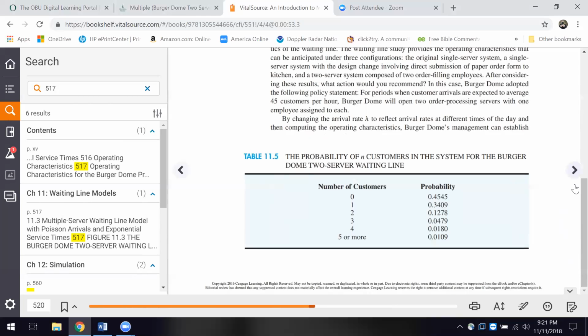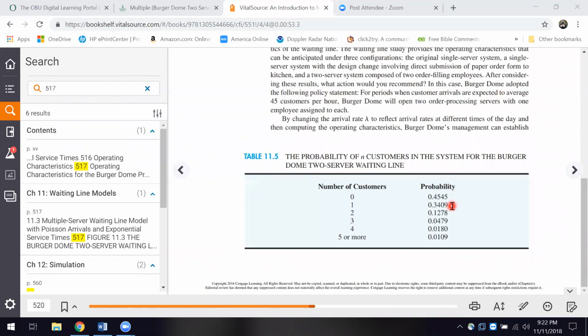and remember our model, we'll look at it here for just a second. Remember our model here, the probability of zero customers in the system for a two server waiting line is 0.45. Okay, because think about it, we have two. If we have two customers, they're both pretty much equally probable to be served.